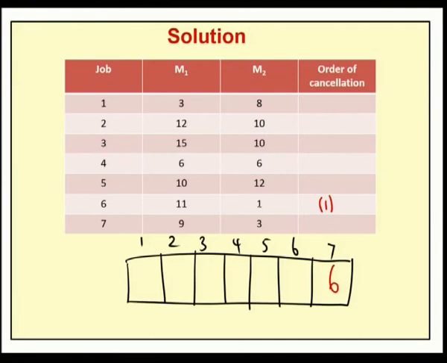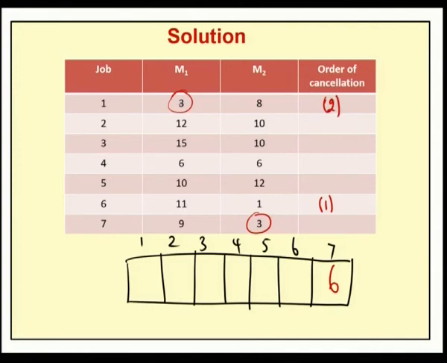So after canceling job 6, next we go for the smallest. The next smallest is 3, which occurs in 2 places. One corresponds to job 1 under machine 1, another corresponds to job 7 under machine 2. So next we cancel job 1.